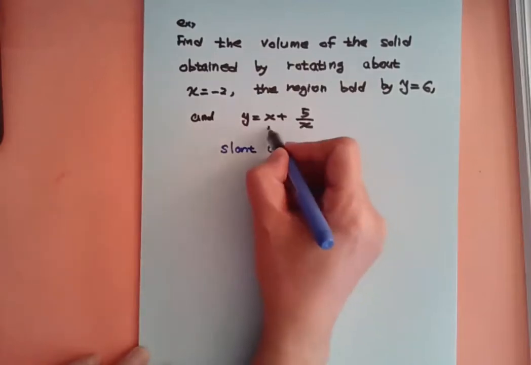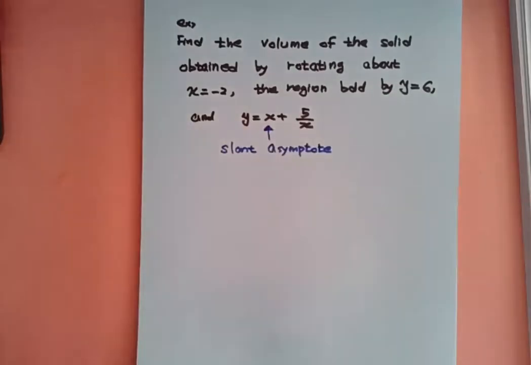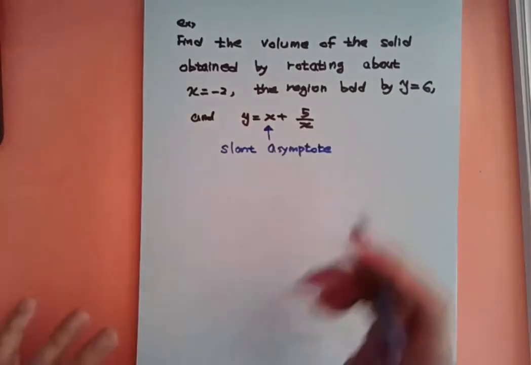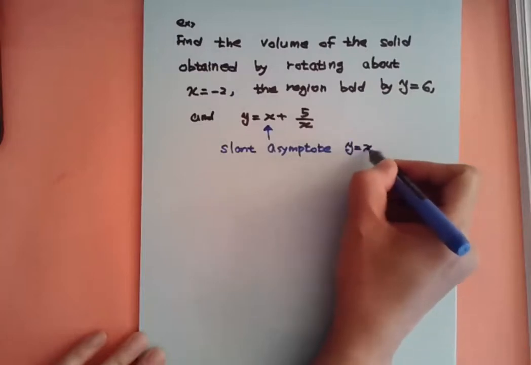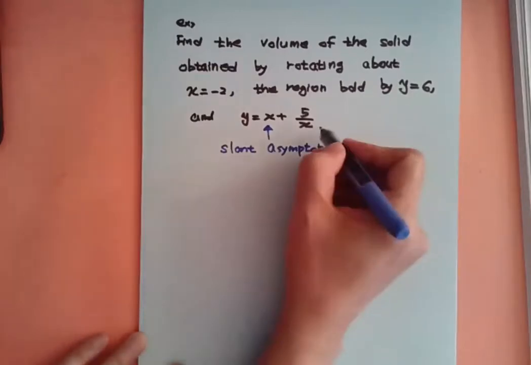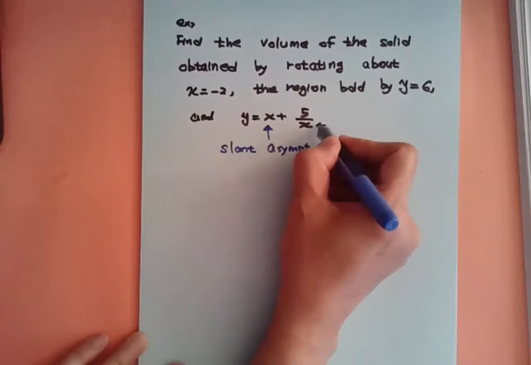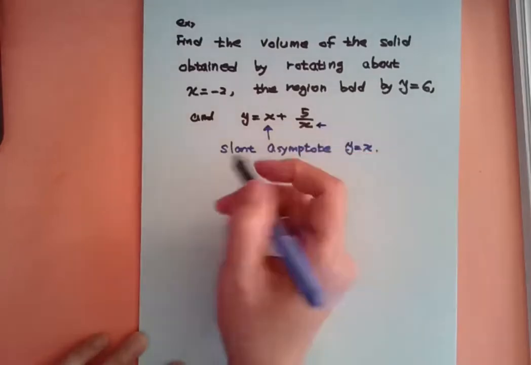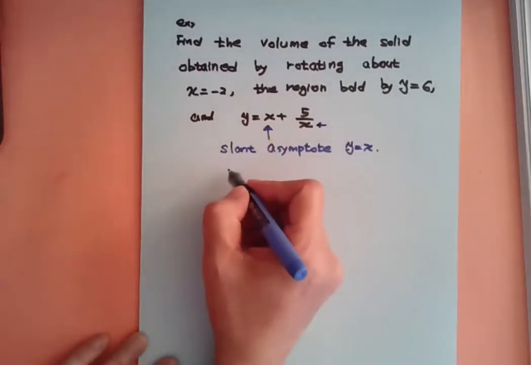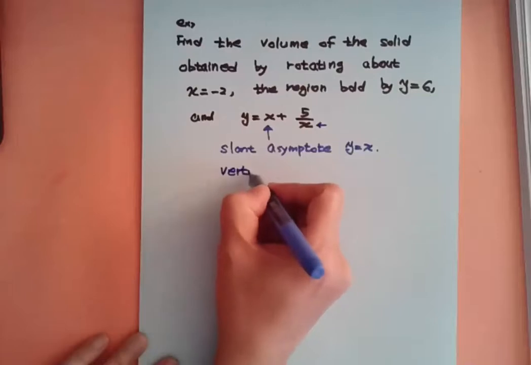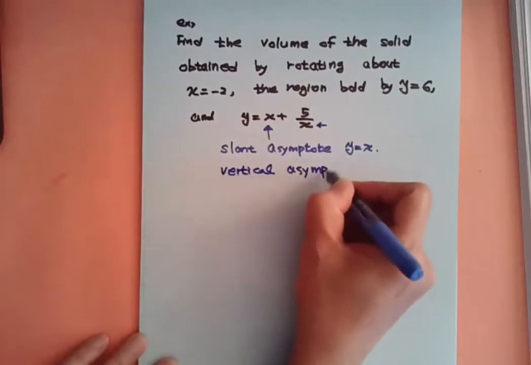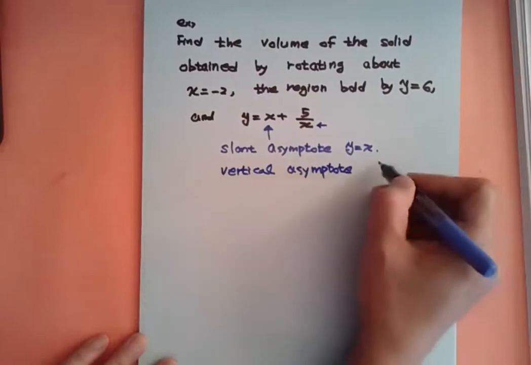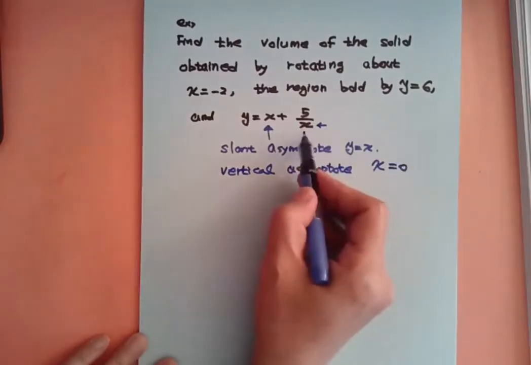Slant asymptote is determined by the added component, that is y equals x. And what makes the denominator 0 becomes a vertical asymptote. So vertical asymptote is x equals 0 because denominator must be 0.